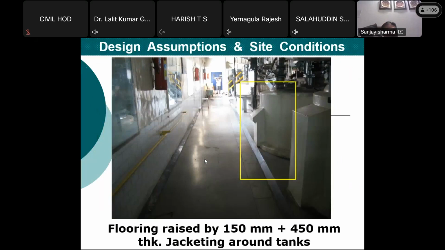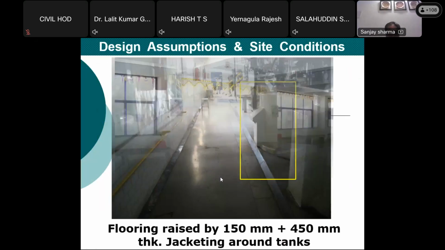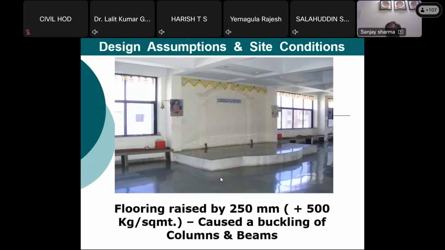In one particular building, they put tanks on the roof, which was not designed for that. When they installed these tanks, it caused severe damage to the beams and slab. No doubt we use NDT techniques, but had there been an existing monitoring system, that could have saved it.